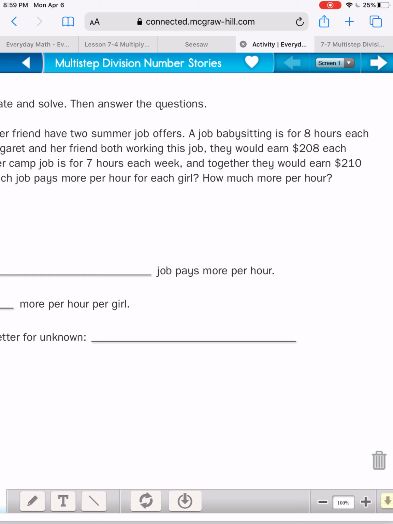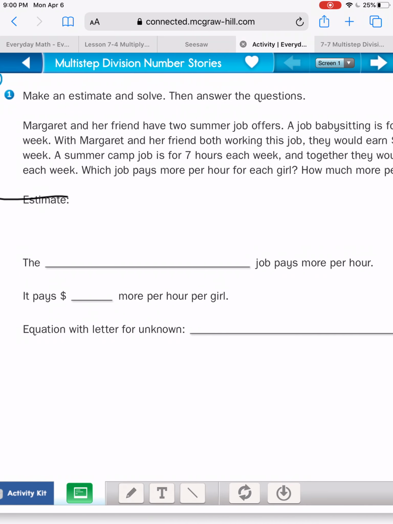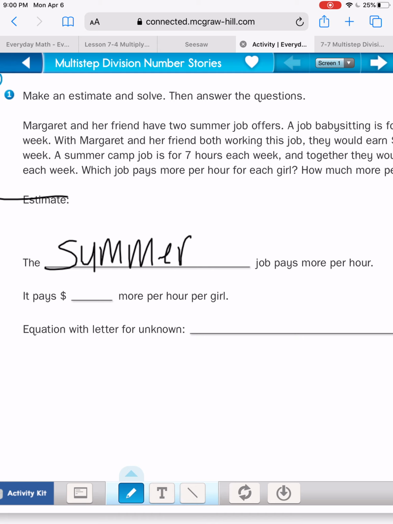So they're working less but earning more. It only makes sense that the summer camp job is going to be the one that pays more. We need to make sure that we answer that part of the question, but then we have to figure out how much more per girl. We're going to have to be specific. So I'm going to fill in my blank with summer camp.